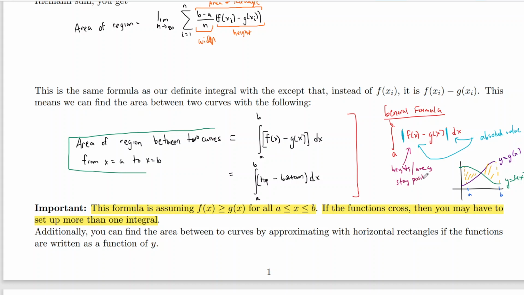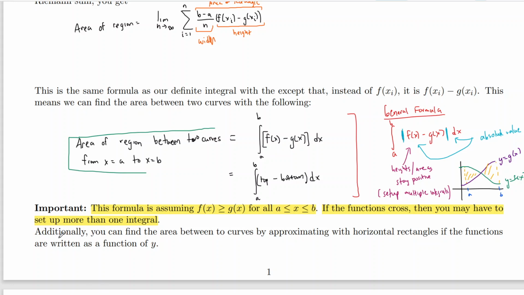But the way we'll do it in a problem, as we'll see very quickly, is you figure out where they intersect and you set up two integrals, because we can't actually integrate with an absolute value. In general, you set up multiple because they could intersect more than once, which we'll see.